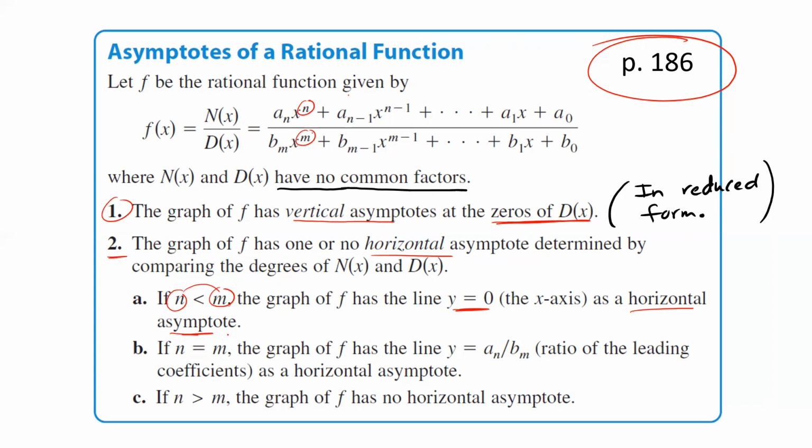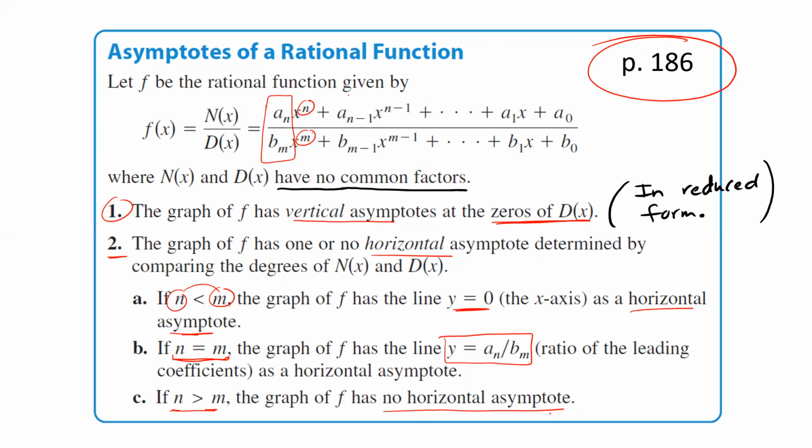Again, we'll practice enough times. If the degrees are exactly the same, like this is to the 3rd power and that's to the 3rd power, then we just get the ratio of your leading coefficients. We divide those out, and that's your horizontal asymptote. And if the degree on top is bigger than the degree on the bottom, then there are no horizontal asymptotes.